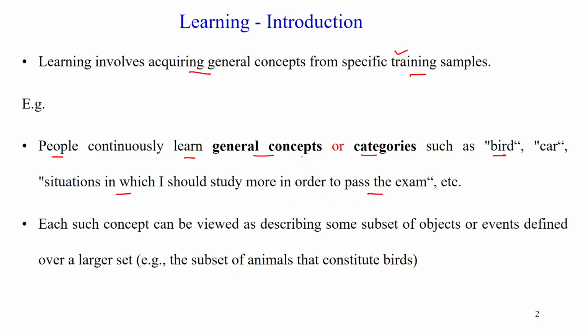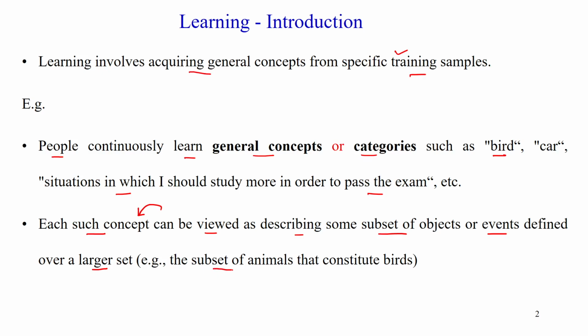So like this, they are continuously learning knowledge, or learning patterns, throughout their life. Here each such concept, that means each such piece of knowledge, can be viewed as describing some subset of objects or some subset of events defined over a large data set or a large set of training examples.